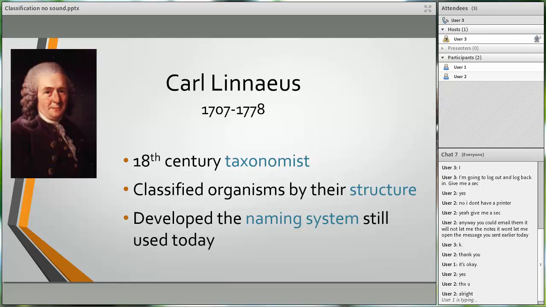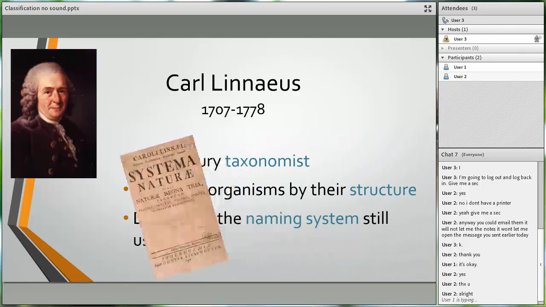His birth name was Carl, but he changed his name to Carolus Linnaeus, so it sounds more like the scientific name, the genus and the species. So classifying them by their structure and giving them that two-word name.